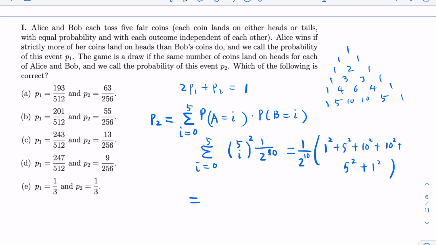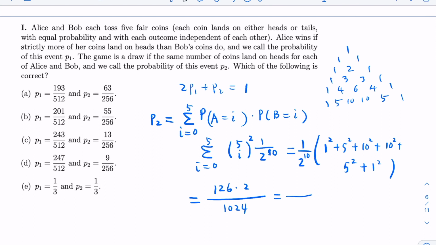So this summation here is 252, okay, times 2, and 2 to the 10th power is 1024.